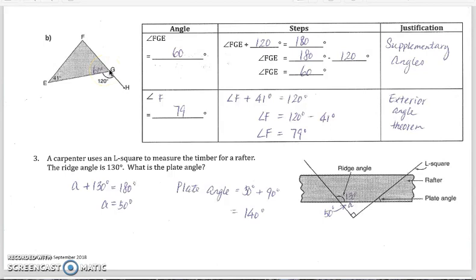So here we're going to see how we can use the exterior angle theorem to find the missing angle F. We know that angle F plus 41 degrees is equal to the exterior angle 120 degrees. Therefore, angle F is 120 minus 41, which is 79 degrees. You could also use the sum of interior angles in a triangle, so 60 plus 41 plus angle F equaling 180 to find the same answer.